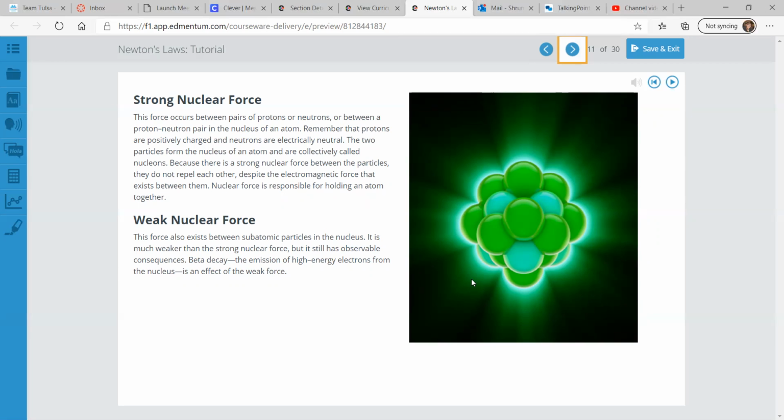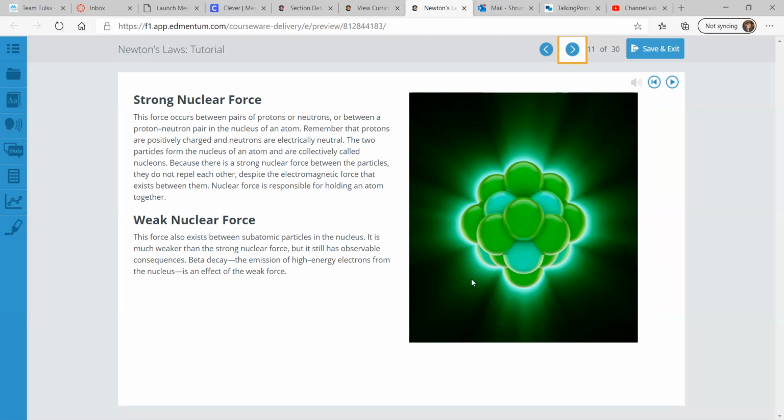The two particles form the nucleus of an atom and are collectively called nucleons. Because there is a strong nuclear force between the particles, they do not repel each other, despite the electromagnetic force that exists between them. Nuclear force is responsible for holding an atom together.